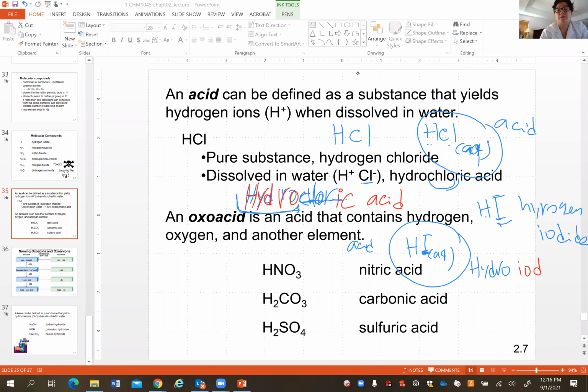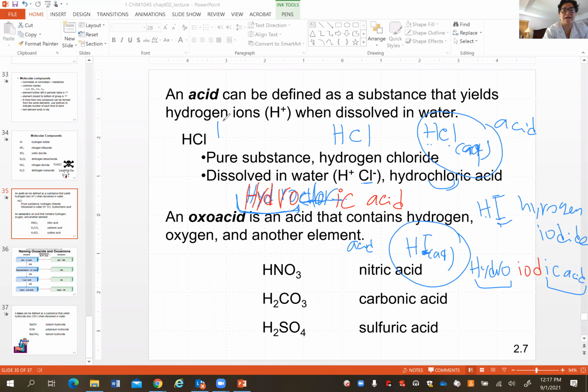And then ic acid is part of the rule for naming binary acids. Hydroiodic acid. This is just one word, sorry for the space. Hydroiodic acid, like hydrochloric acid.